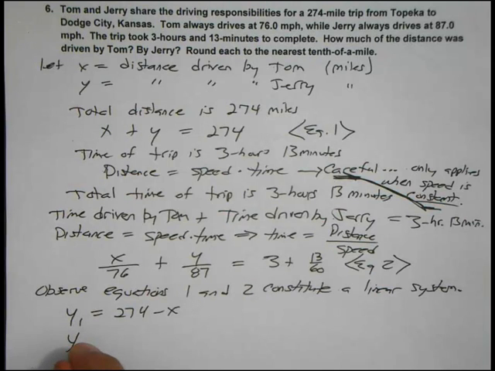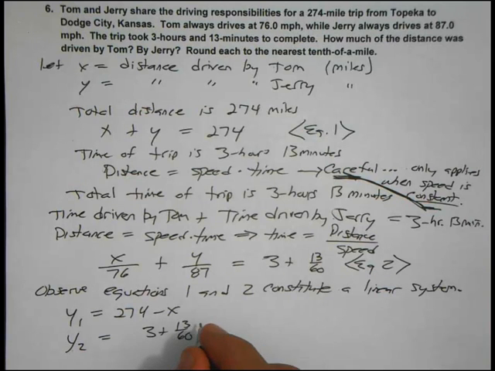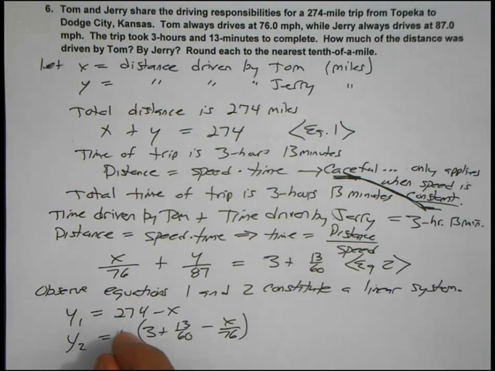We would have y sub 2 equal to 87 times the quantity 3 plus 13 over 60 minus x over 76. Okay, looks like we are ready to go to calculator.